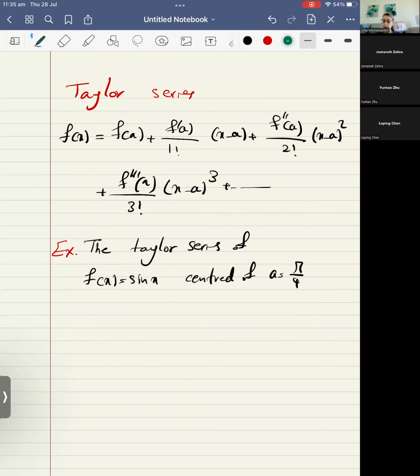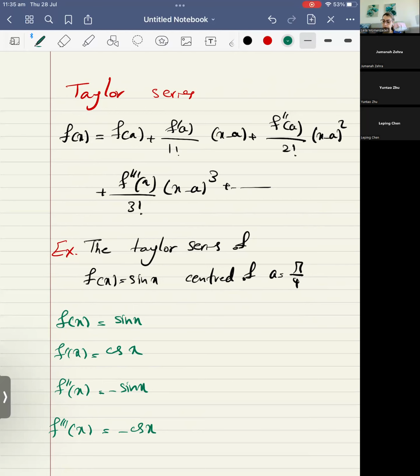You know that f of x equal sine x, f prime x is equal cosine x, f double prime x is minus sine x, and f triple prime x is equal minus cosine x.